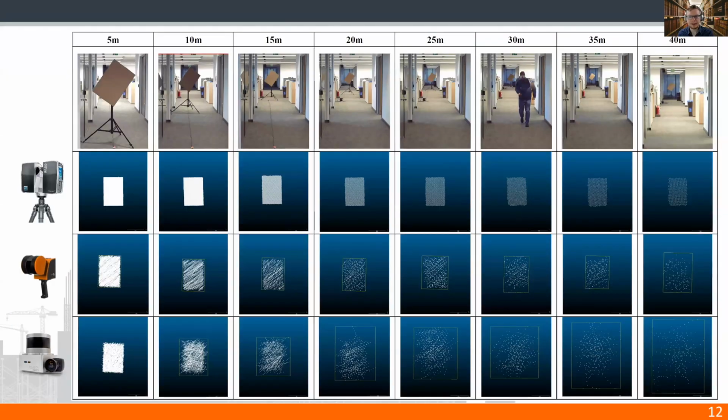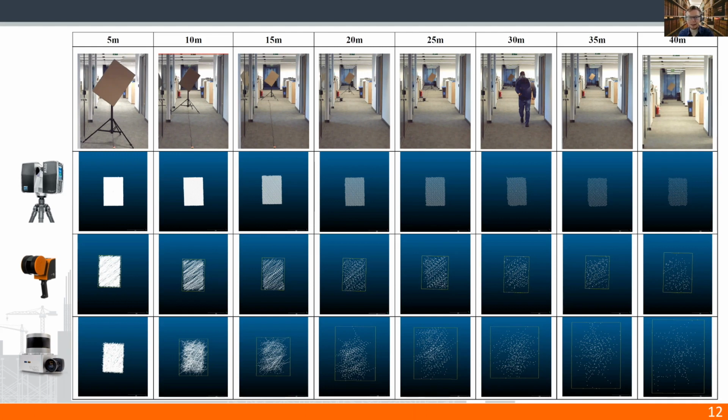And here comes the table with qualitative results. The columns represent point clouds at a growing distance with an increment of 5 meters, and the rows are related to the devices, the Faro, GeoSLAM, and Carta scanners, respectively. And I think that the problem is clear here.